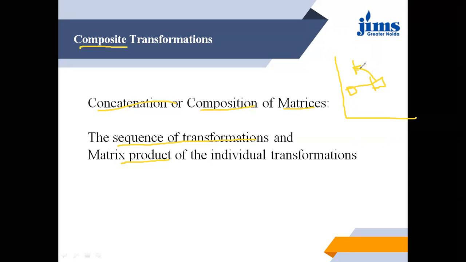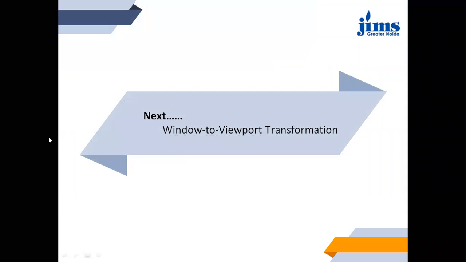Or, for example, I have to reflect it with respect to the y-axis and then scale it. So we have to perform all these operations successively by using the matrices. So this is the completion of the transformation.